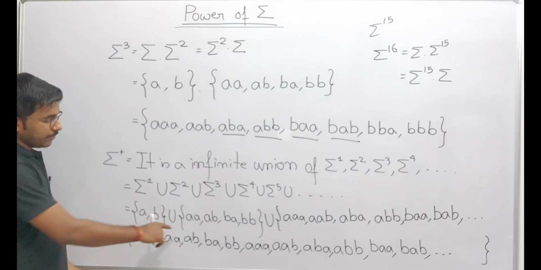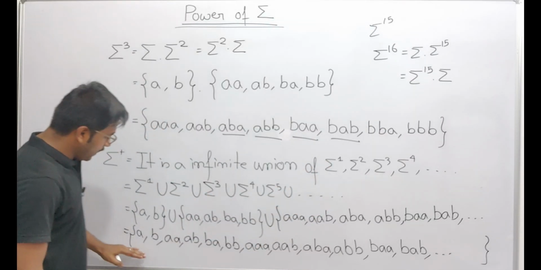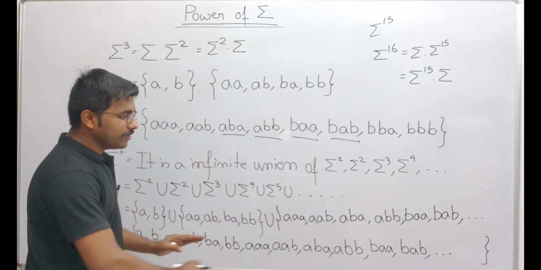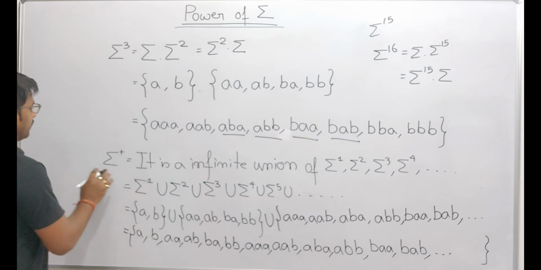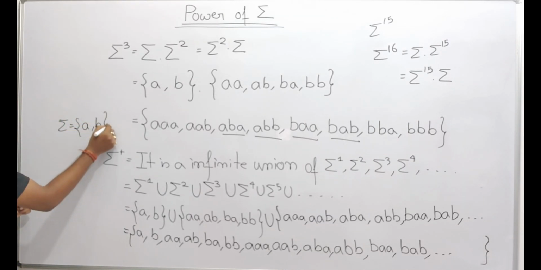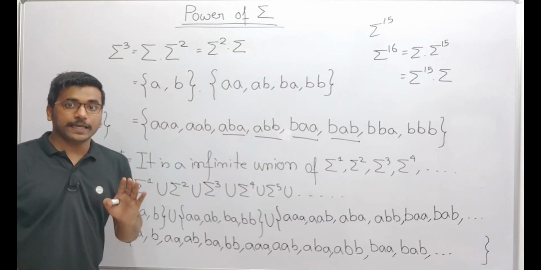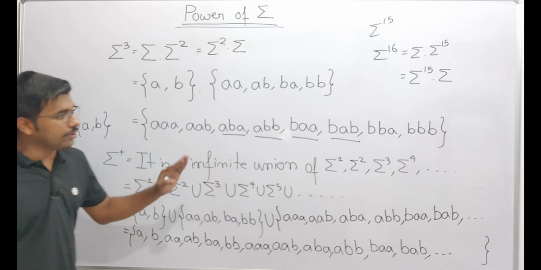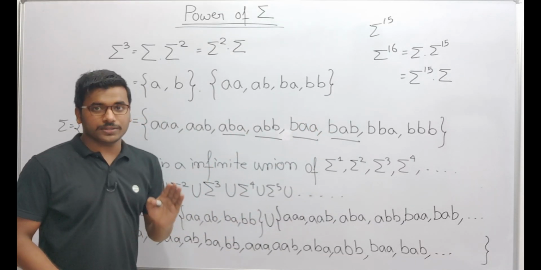Sigma 1 is a b, sigma 2 is a a, a b, b a, b b, then sigma 3, and so on. It contains all the combinations of a comma b except epsilon, because it is an infinite union of sigma 1, sigma 2, and keeps going, but not sigma 0.